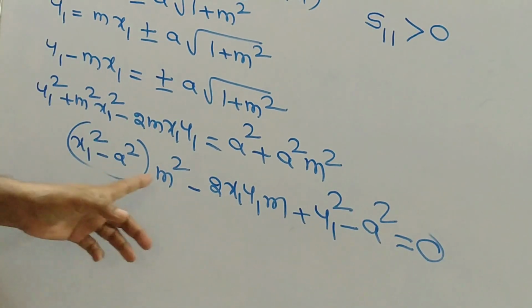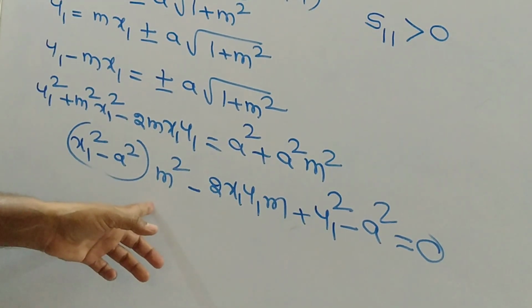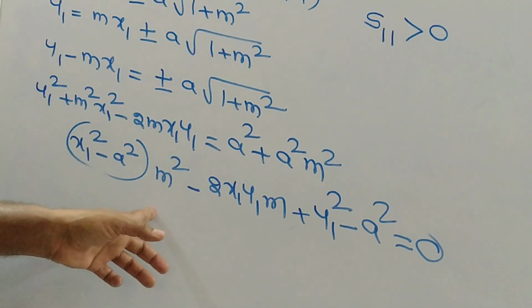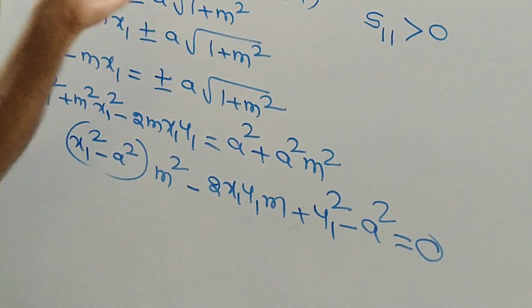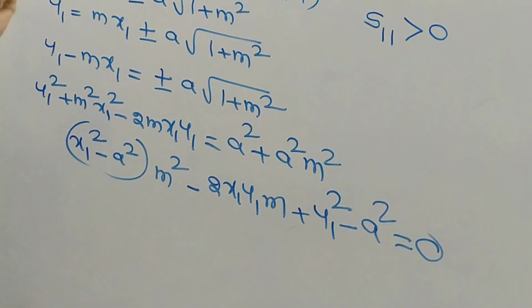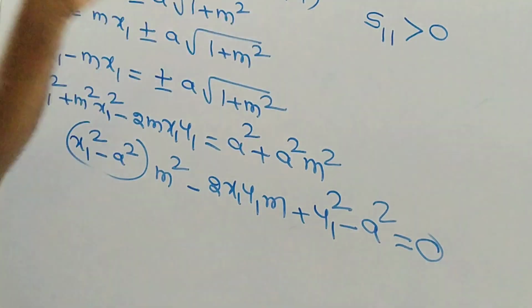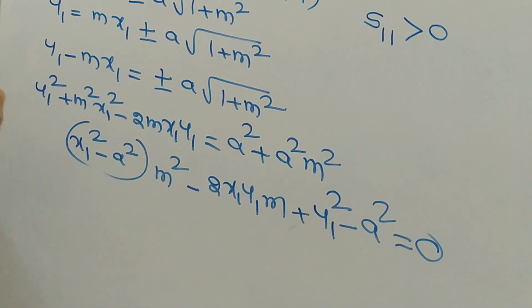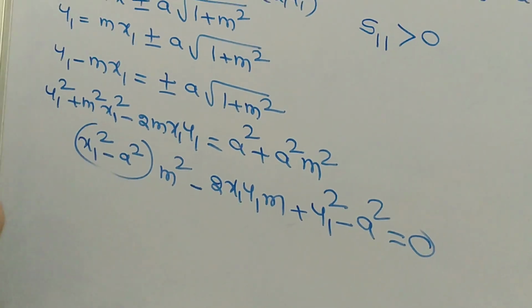Now, this is a quadratic equation in m. It has two roots. Whether they are real and different, real and equal, or imaginary depends upon the discriminant. So, we have to find the discriminant.